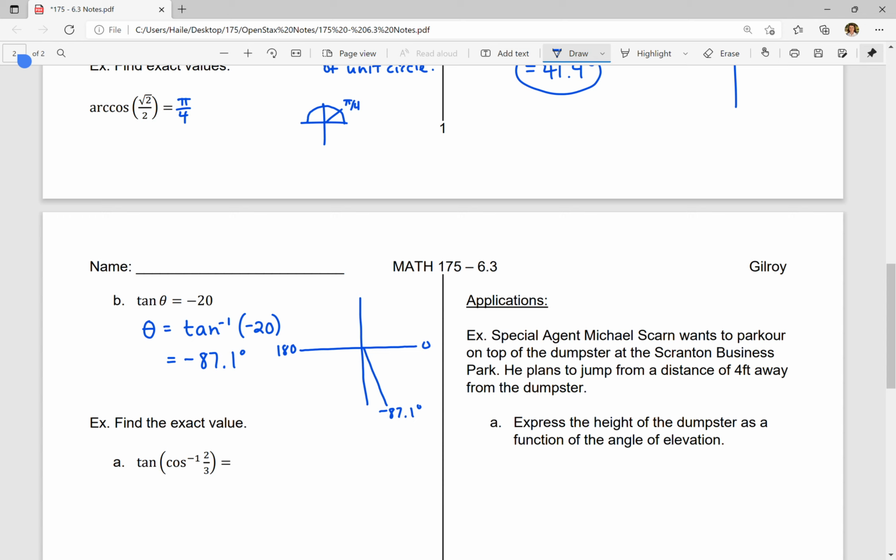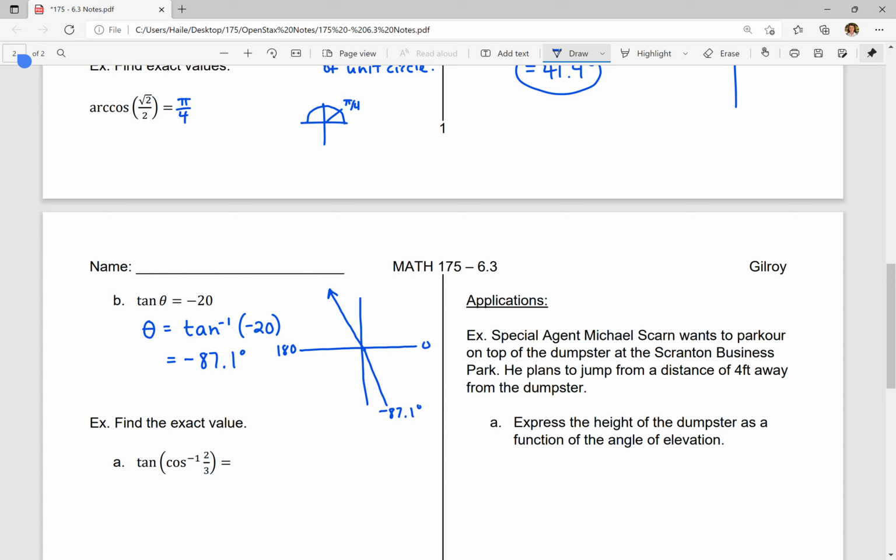So what we want to do is find not an equivalent angle, but an angle that basically gives the same information about tangent but is in quadrant 1 or quadrant 2. We need an angle with a negative tangent. It's going to be somewhere in quadrant 2, because in quadrant 1 we only have positive values for tangent.